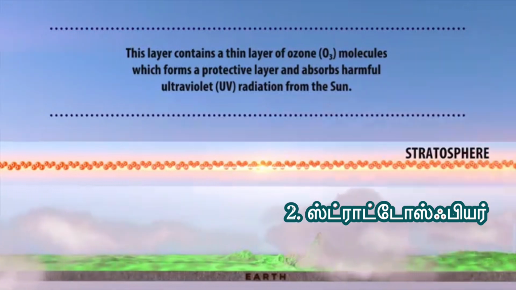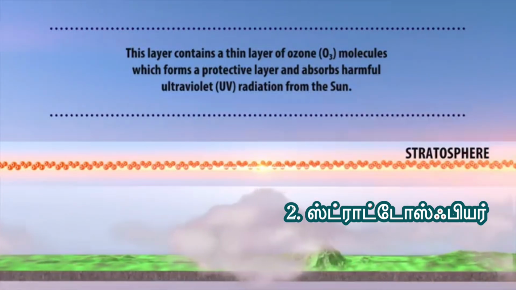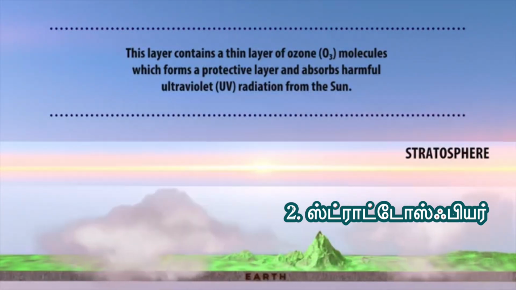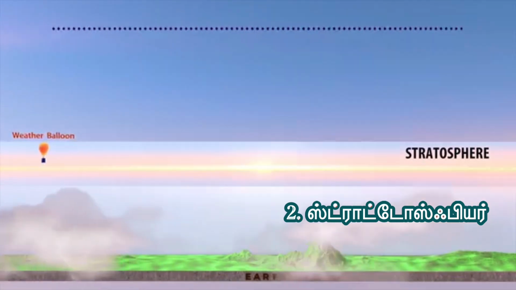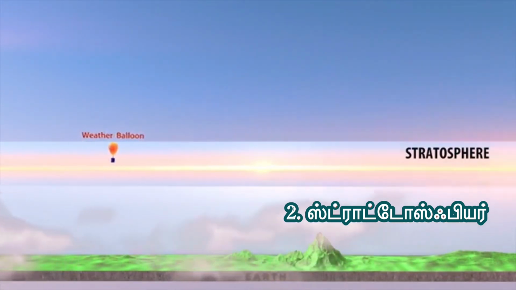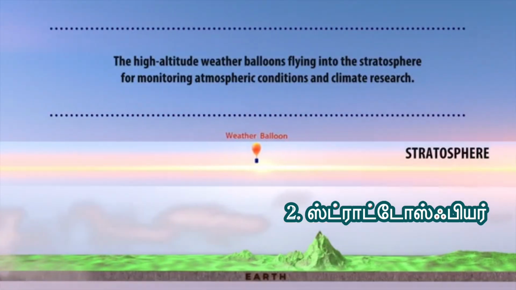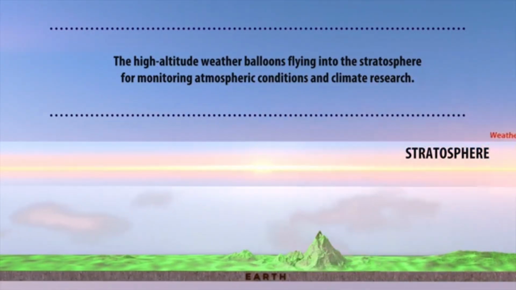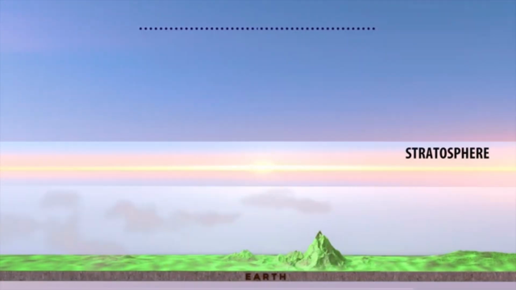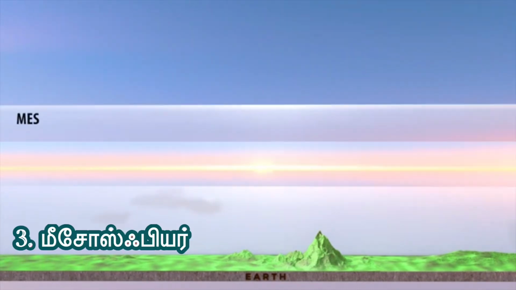And this layer contains the very well-known ozone molecules, O3, that actually save Earth from harmful ultraviolet radiation. And in here, very highly efficient hot air balloons can also fly. Those balloons are high altitude hot air balloons. If they want to fly very high, they use such things.